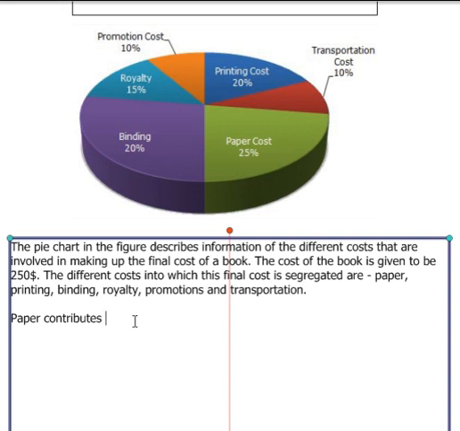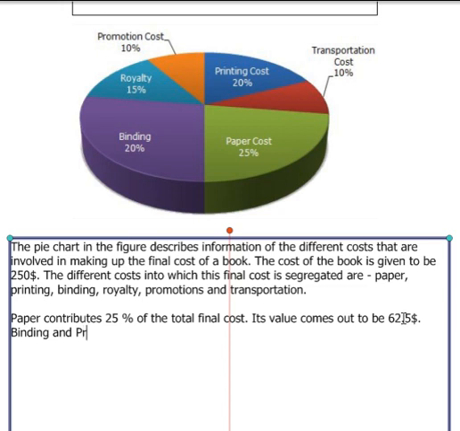Or you could divide it and present it in terms of numbers. Paper contributes 25% of the total final cost. Its value comes out to be, it involves a bit of calculations, and this should be a full stop. Now 25% of $250 is $62.5.